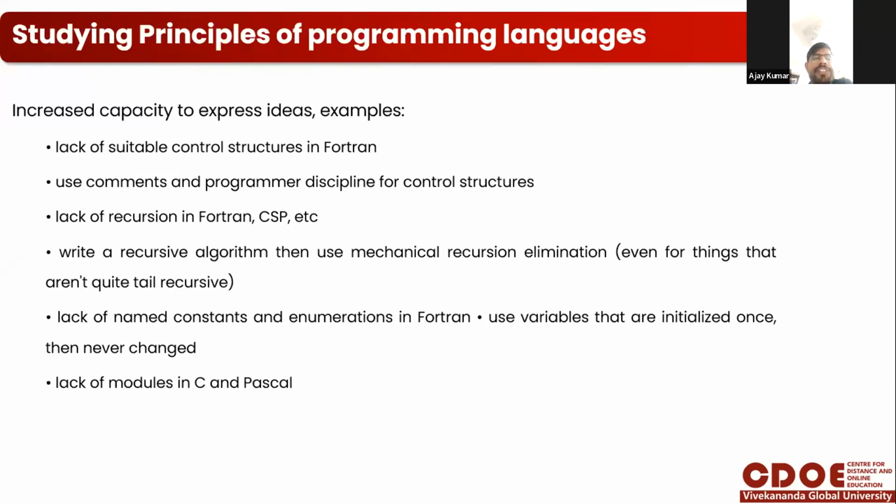How does it increase the capacity to express ideas? We have examples. Lack of suitable control structures in Fortran. Fortran is a language, and we have used Fortran. After that, we know that Fortran has a control structure issue, which we will learn in the next chapters.